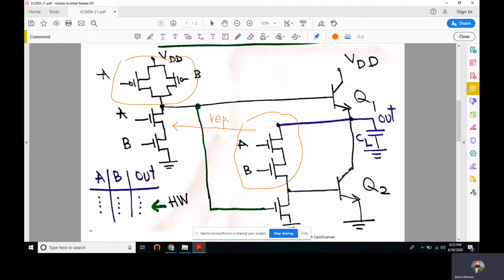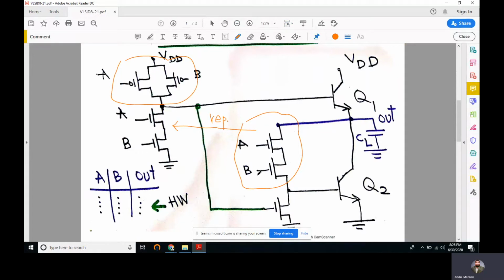It's always the same. From the common terminals of Q1 and Q2, from the emitter of Q1 and from the collector of Q2, we get the output.